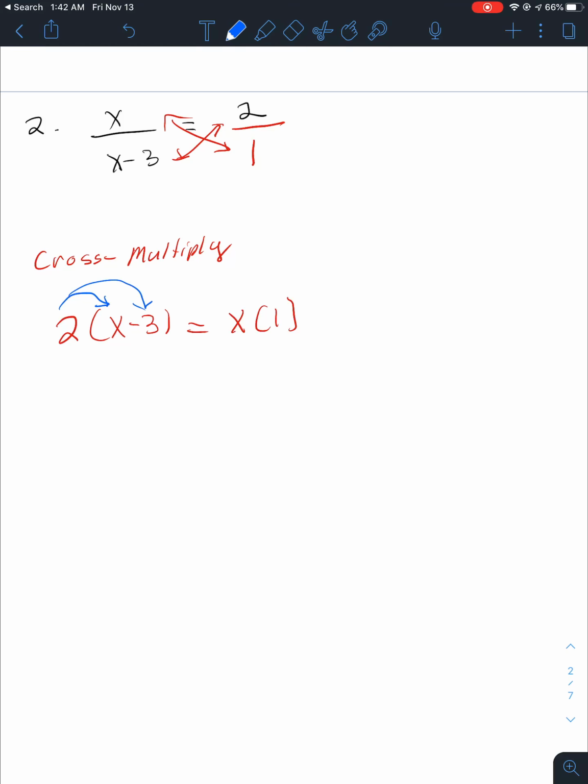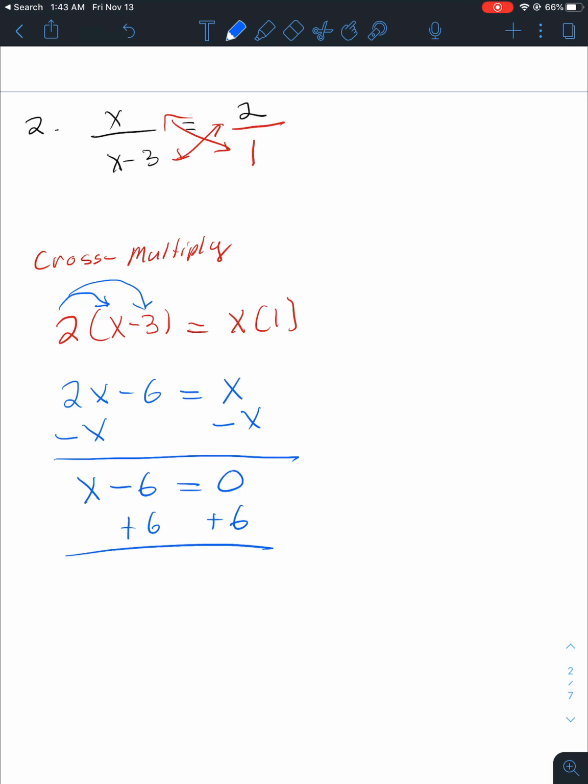And this 2 multiplies each one of these, which is 2x minus 6 equals x. Once again, I want to have my x's on the same side and my numbers on the other side, since this is kind of like a linear equal to a linear. So I'm going to subtract x, and I get x minus 6 equals 0. Then I'm going to add 6, and I get x equals 6. So that is the cross multiplying method.